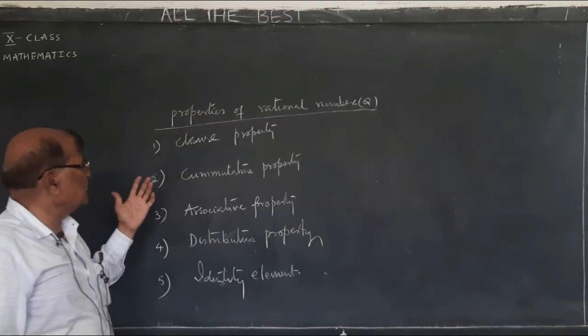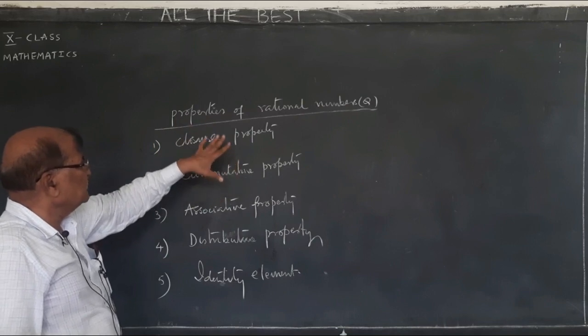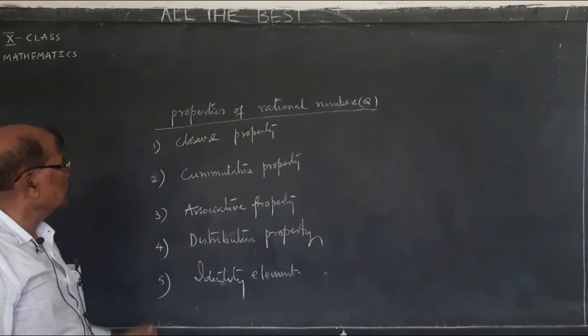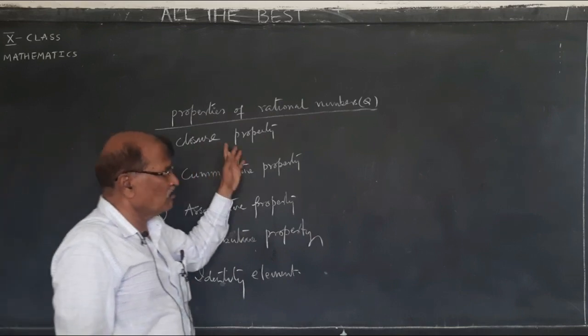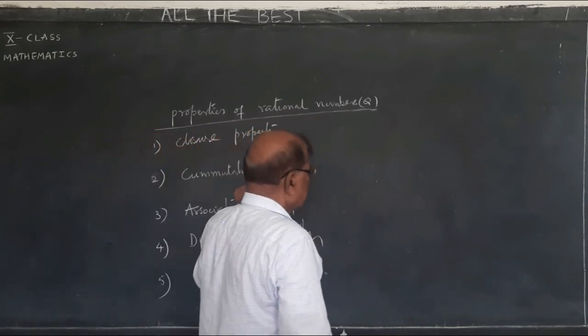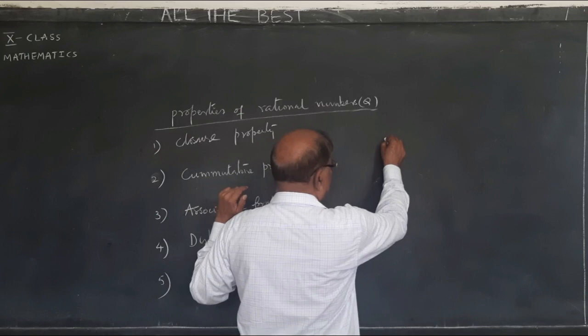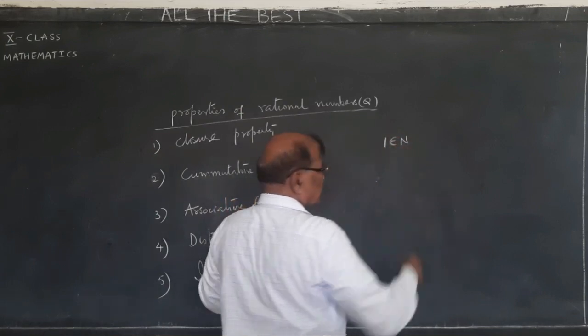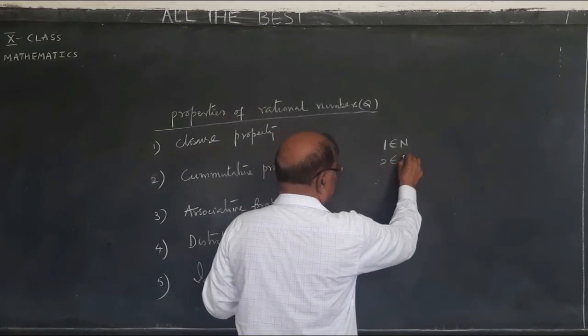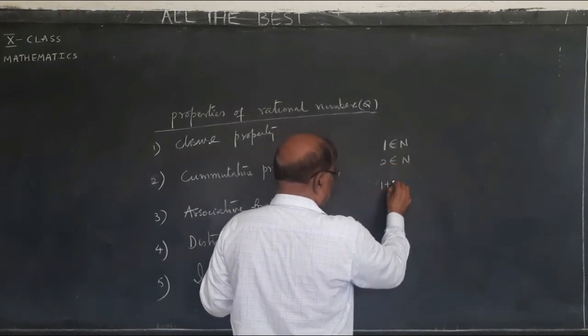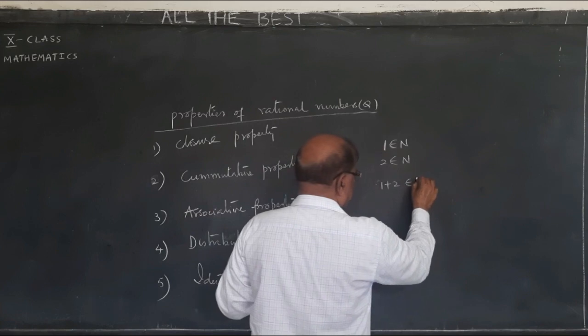Let us observe the properties of rational numbers. Closure property. What is a closure property? Suppose 1 belongs to N, natural numbers. 2 belongs to N, natural numbers. 1 plus 2 belongs to the set of natural numbers.